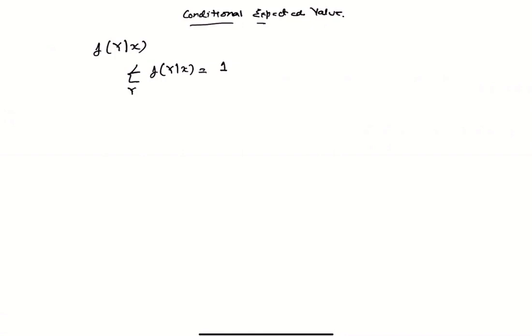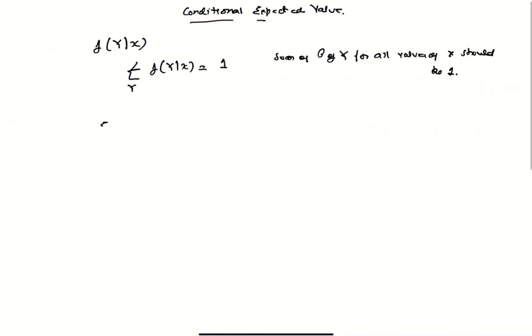Now it is called a conditional PMF, but it is just a PMF really. So the sum of probabilities of y for all values of x should be 1.